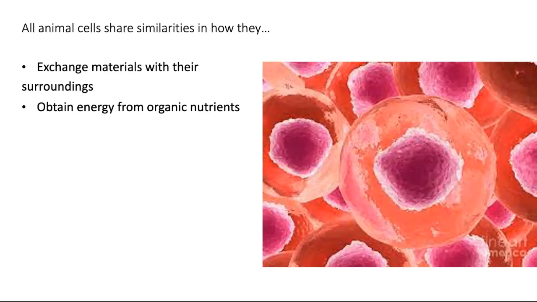So they can send signals or synthesize proteins, right? Think about all the proteins that have to do things for the cell, all of the enzymes. It's a lot. So they're constantly synthesizing complex molecules.